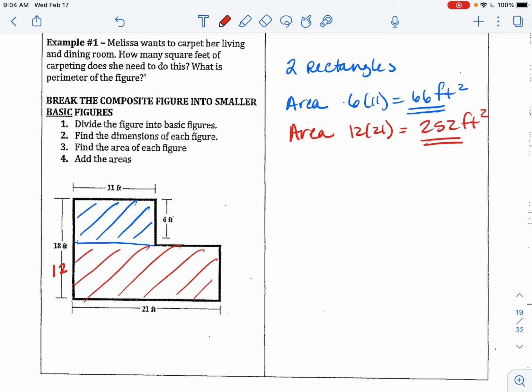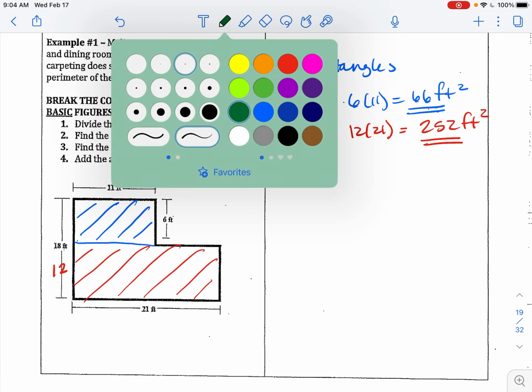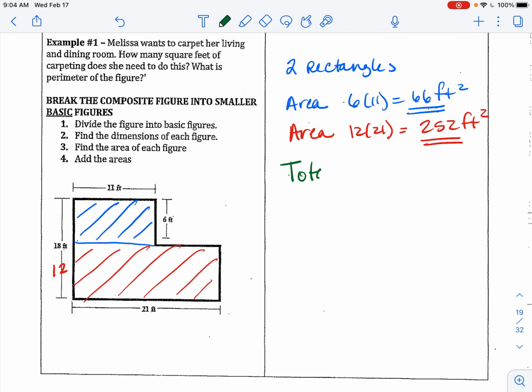If I add these together, 66 plus 252, my total area is 318 feet squared.